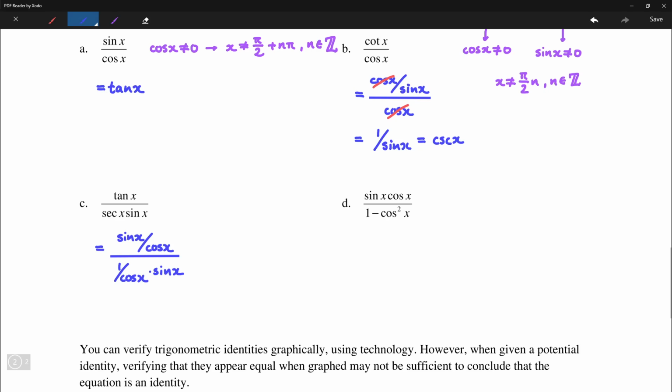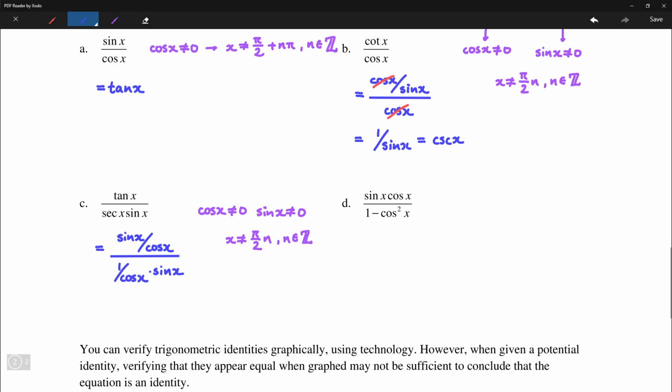And we have both sine x and cosine x in the denominator. So the restriction in this case is that neither cosine x nor sine x can be 0. And we have the restriction x cannot be equal to pi over 2 n, where n is an integer.